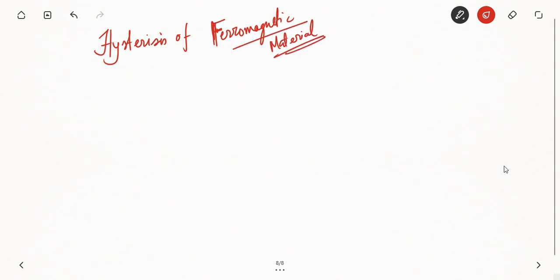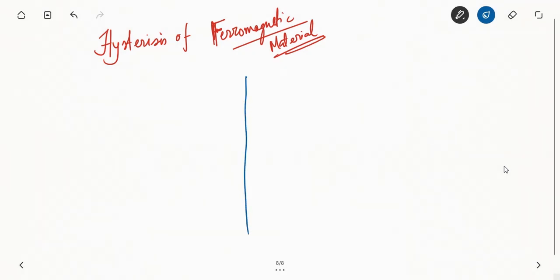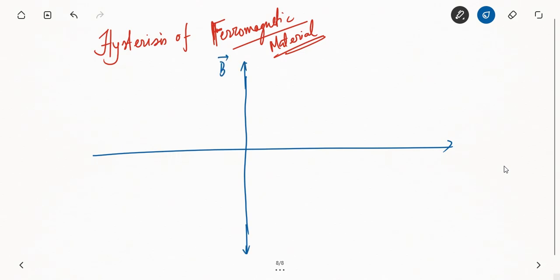That is actually the BH graph. Here B is the magnetic field and H is the magnetic field intensity. Both are obviously vectors.